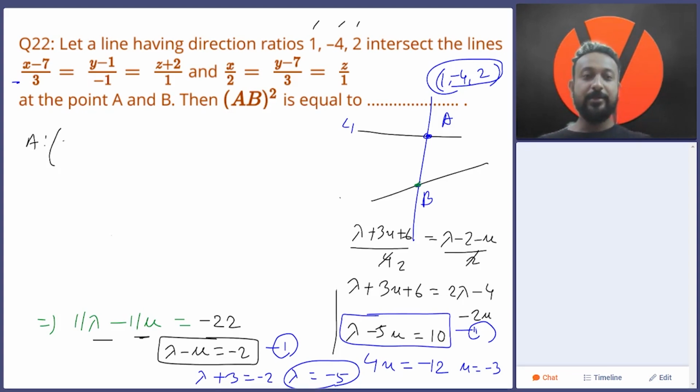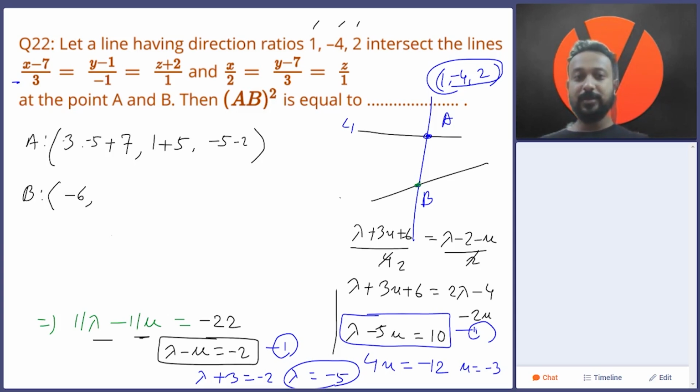What was your A? A was 3 lambda plus 7, right? So lambda is minus 5. So 3 into minus 5 plus 7, comma, 1 minus lambda means 1 plus 5, comma, lambda minus 2, that is minus 5 minus 2. B was how much? Twice mu, that is minus 6, comma, 3 mu plus 7: 3 into minus 3 is minus 9 plus 7 is minus 2.